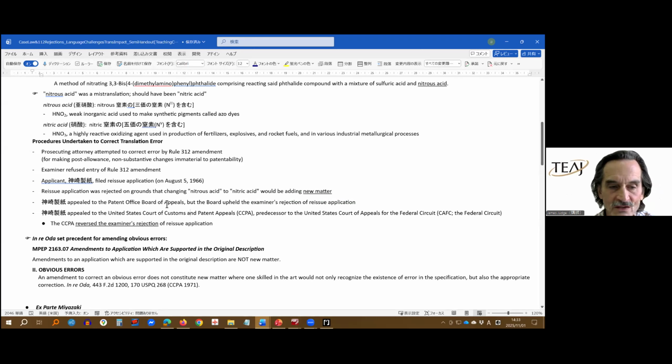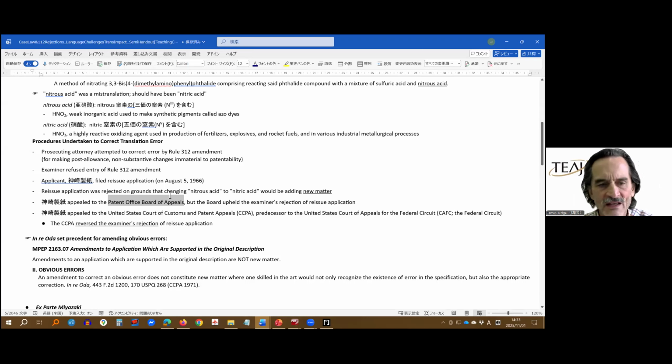And so they appealed the examiner's rejection of the reissue application to what is the predecessor of PTAB, the Patent Office Board of Appeals. As I said earlier, before 2012, the Patent Office had this appeal board, which was for the purpose of appealing from final rejections, but there was no mechanism or system within the Patent Office to invalidate patents.